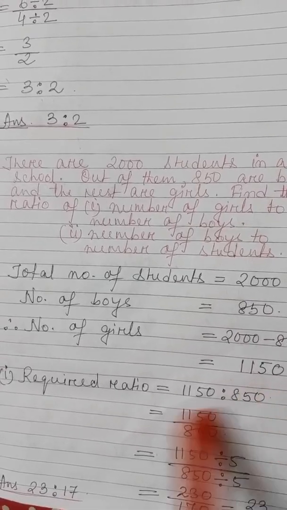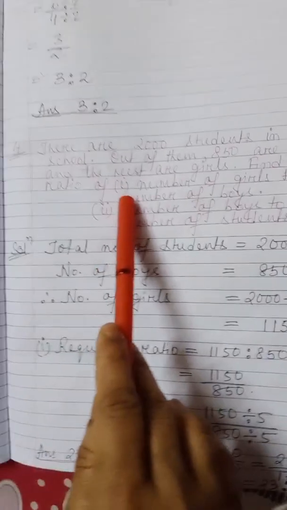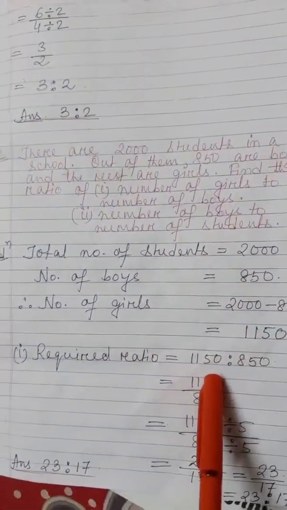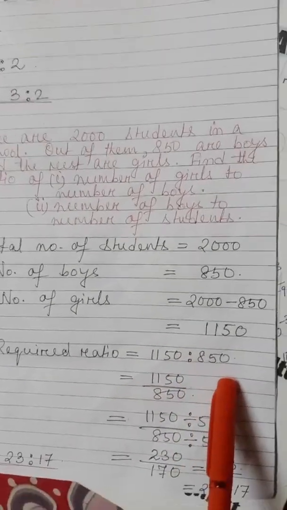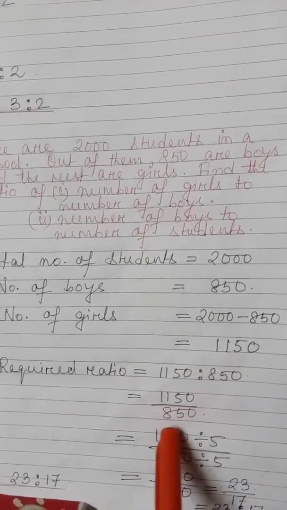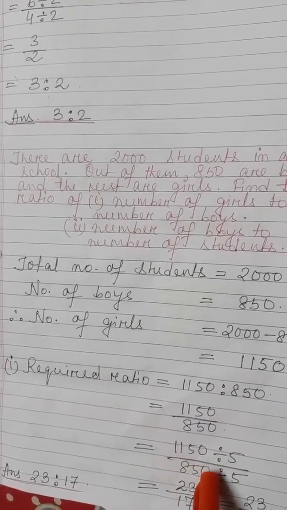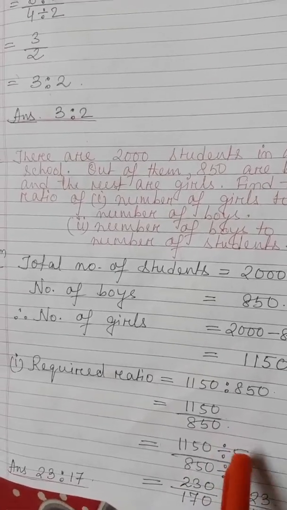1150. Therefore, the required ratio, number 1, the number of girls to the number of boys is equal to 1150 is to 850. Then 1150 by 850. Then both the numerator and denominator you divide by 5.